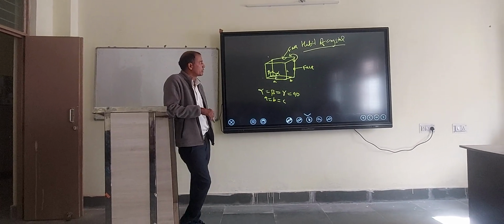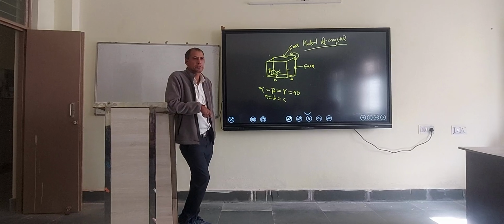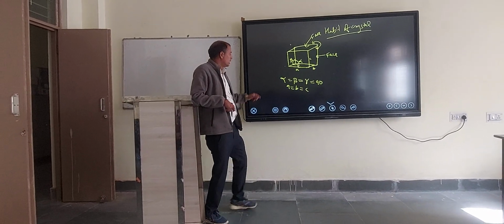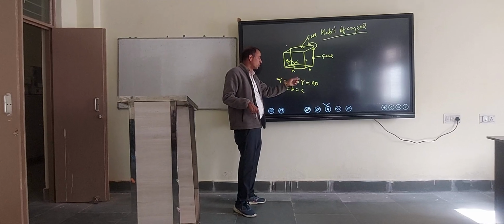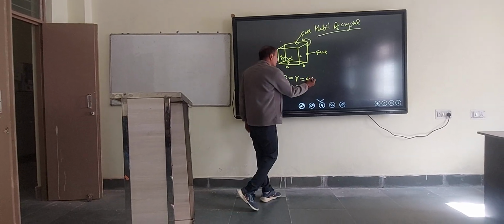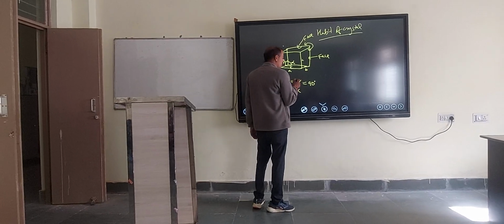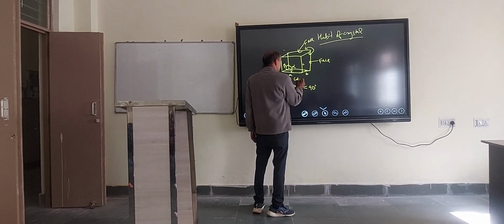Telling about the seven types of crystal system possible on the basis of unit cell: if alpha equal to beta equal to gamma equal to 90 degree, and a equal to b equal to c, there will be formation of a cube.